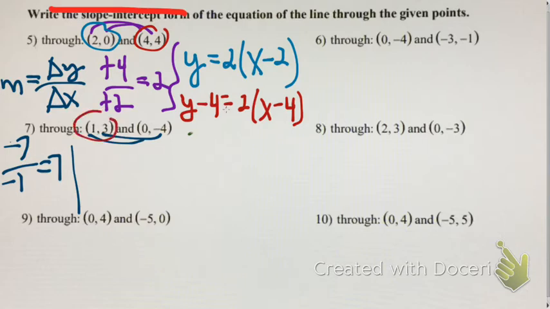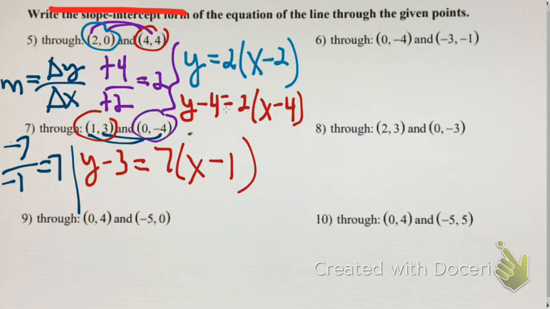We can use this first point, y minus 3, because 3 is k, that's our y component, equals 7 x minus 1. All right. And then our second point here, we can use another point to write the same equation. 0, negative 4, we would write y plus 4, remember, because it's a minus a negative 4, and equals, slope still 7, and because it's x minus 0, we just write 7x, and we're good to go.